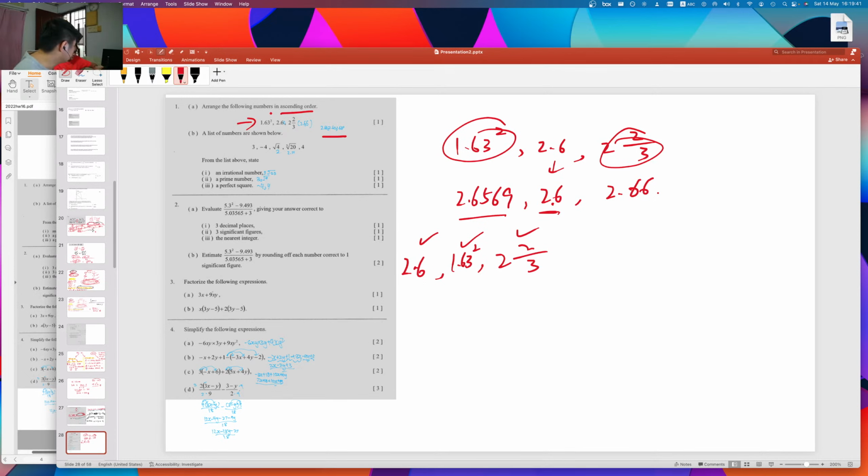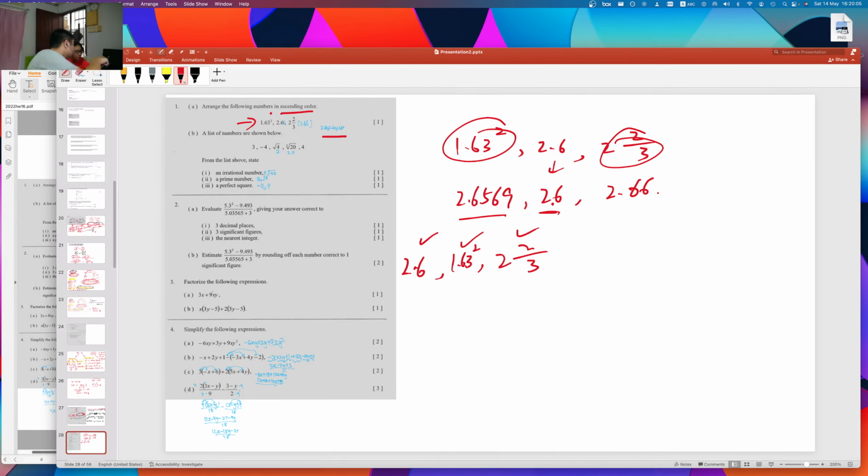Can you match? 3. What's 3? Three is under what? I think 3 is very easy. Just look. Which category? Okay, you need to highlight the category.